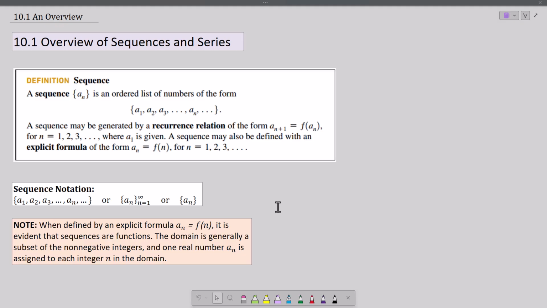With improper integration, we were finding the area of an unbounded region, and we mentioned that that was very similar to an infinite series, because when you're finding area, you can think of area as a collection of rectangles that you're adding up.